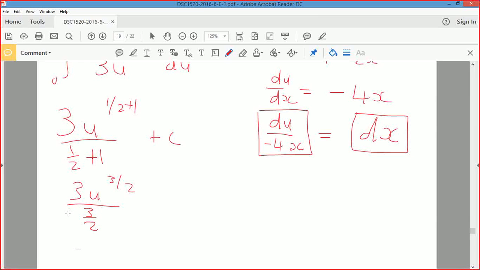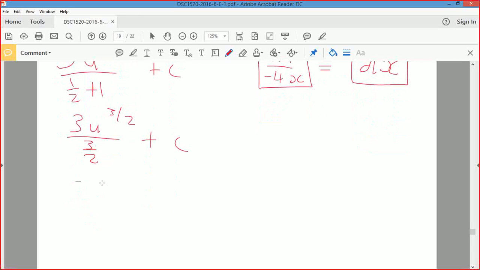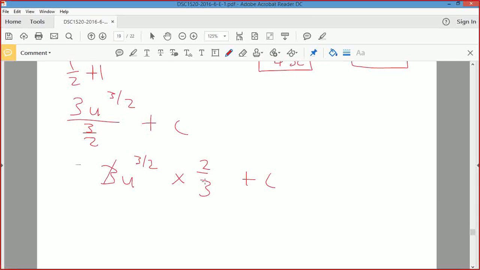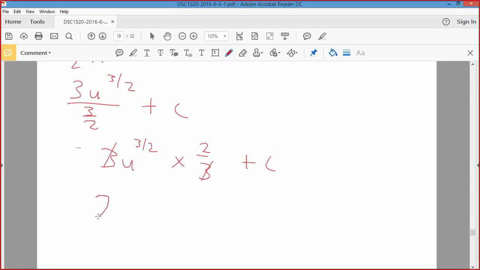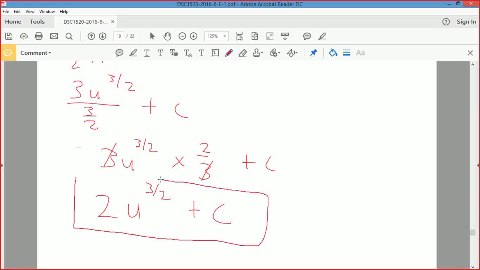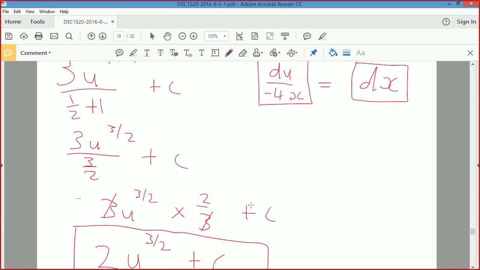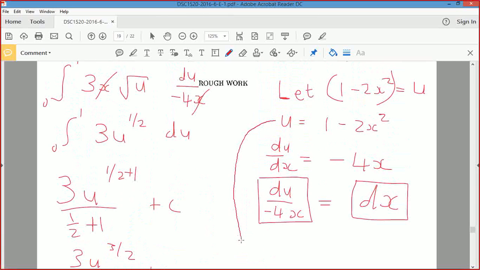A divide over a divide is a times, so I can swap that around. So 3u to the 3 over 2 times 2 over 3 plus c. That 3 will cancel with that 3. I'm left with 2u to the 3 over 2 plus c. There's my function. Now, what was u? u was this.